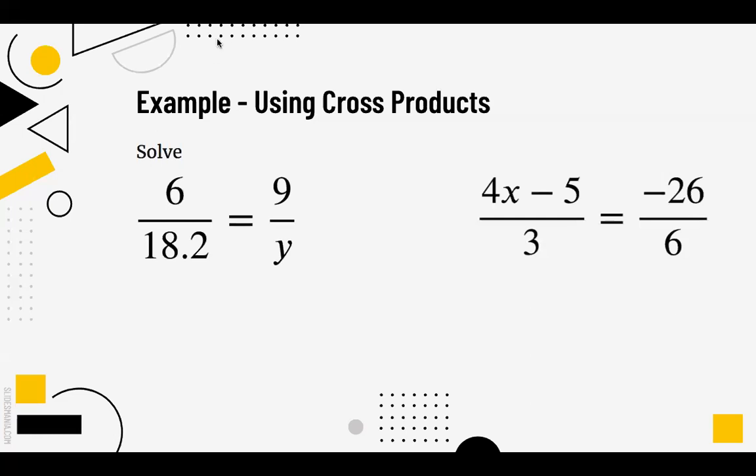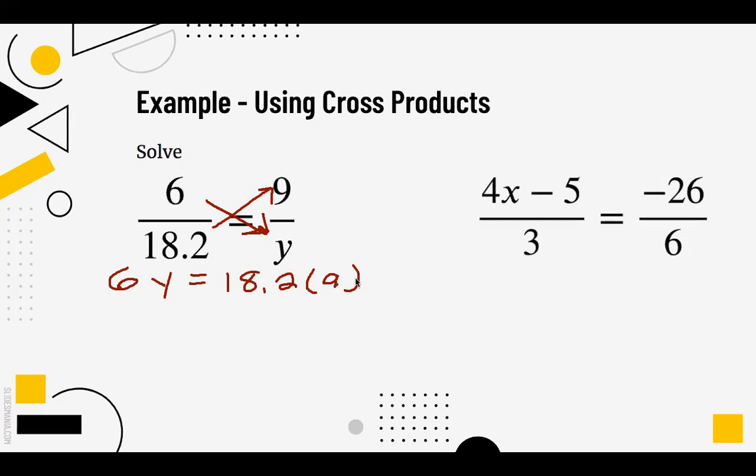Now, what we need to do is use the cross product. So we are going to look here and then here for our cross product. So that means we're going to have 6y is equal to 18.2 times 9.